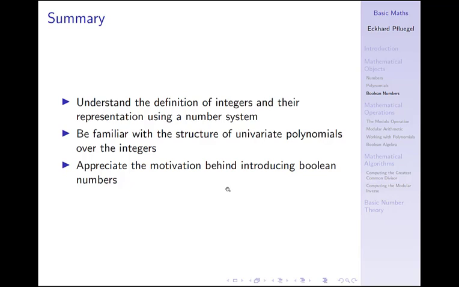I have then introduced what polynomials in one variable with integer coefficients are, which is mainly a matter of getting used to the notations so that you can understand the structure of a given polynomial better. And finally, I have very briefly introduced and perhaps motivated our Boolean values 0 and 1, and I've mentioned that that basically corresponds to truth values, which will become important in the future of this lecture.